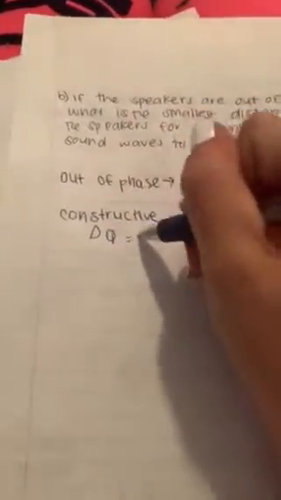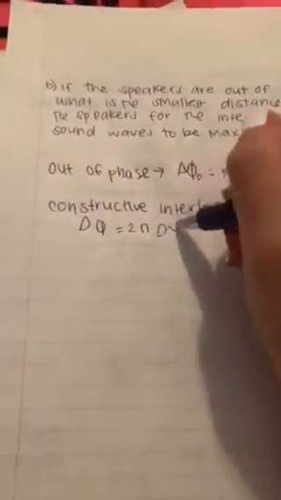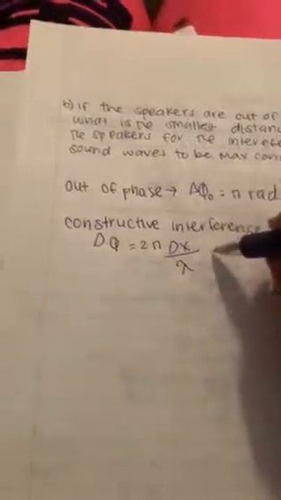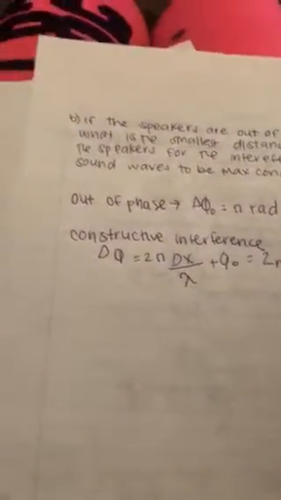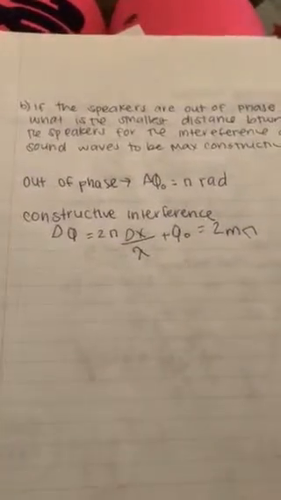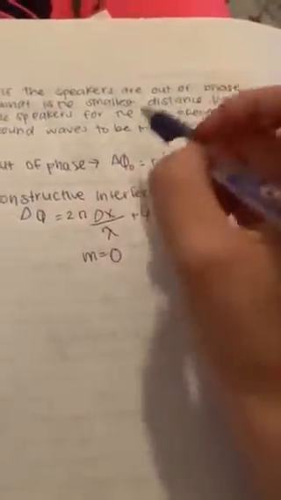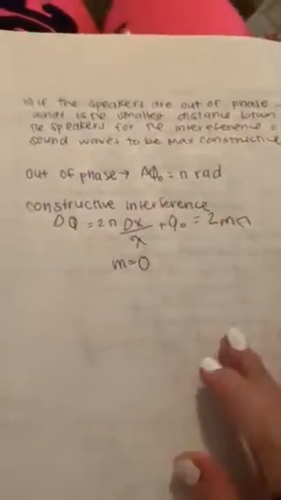So we're going to use this formula. And then again, we're going to use M equals 0 because it's asking for the smallest distance.